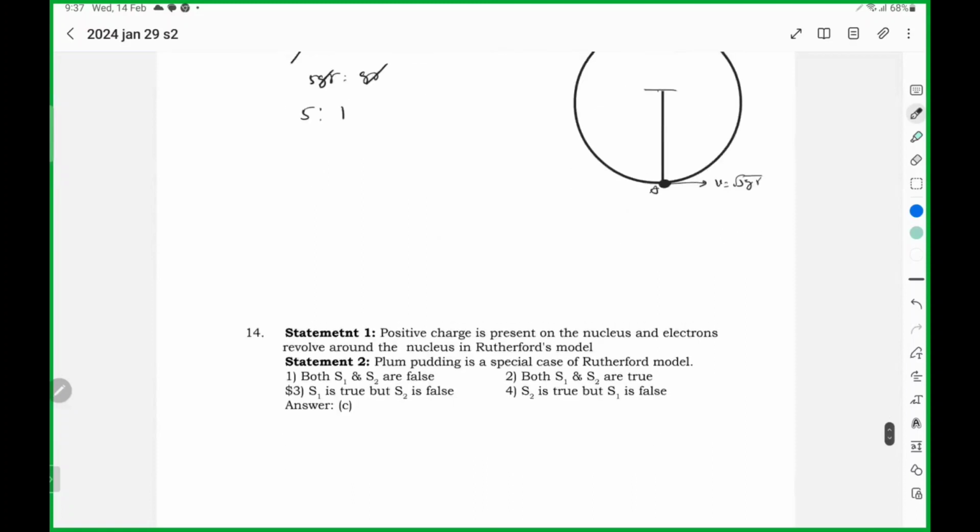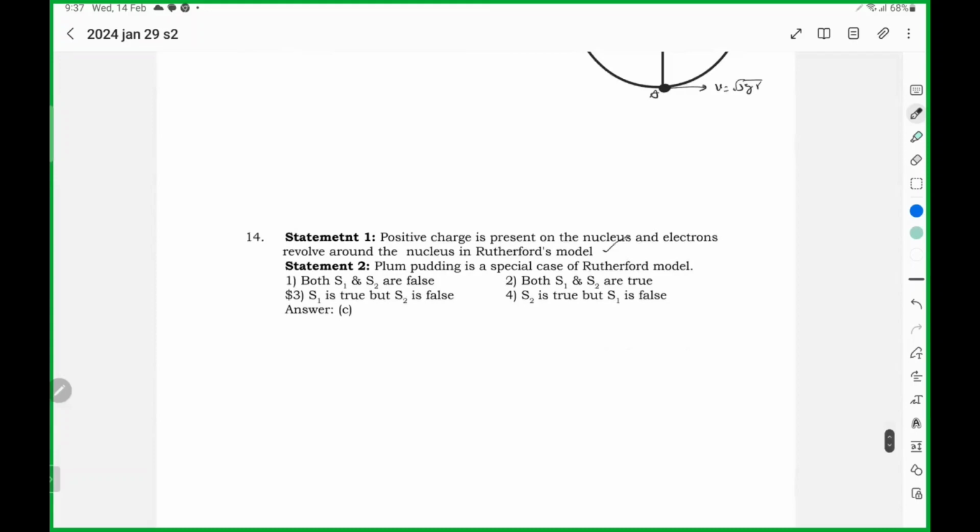Here positive charge is present in the nucleus and electrons. This is the Rutherford model.